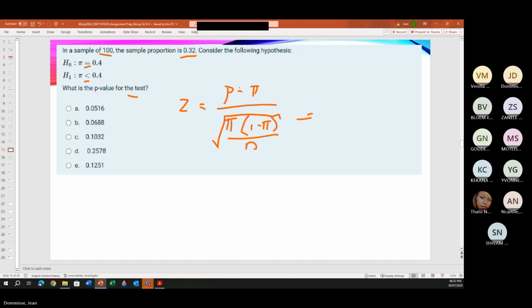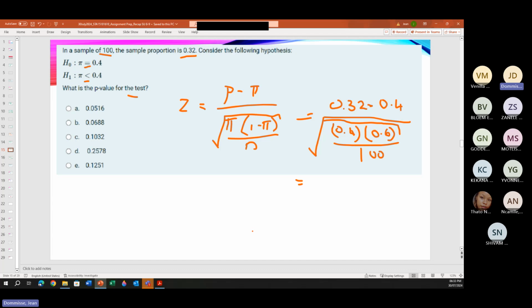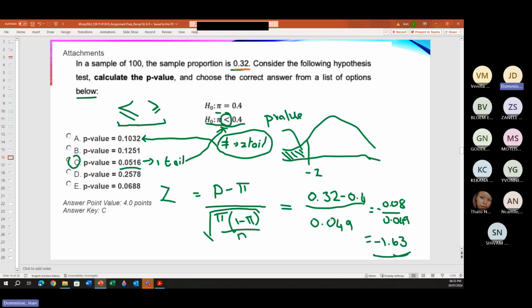So let's see: sample proportion 0.32, population proportion 0.4, divided by the square root of population proportion times 1 minus population proportion, divided by the sample size n. So the Z value, and I'm just going to check on this one, was minus 1.63.